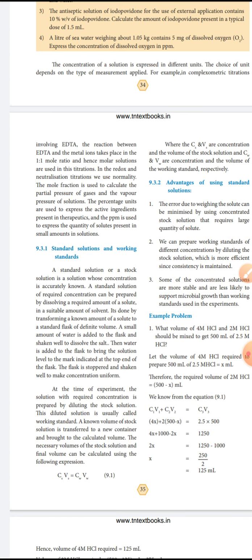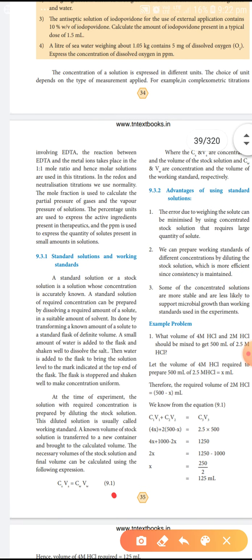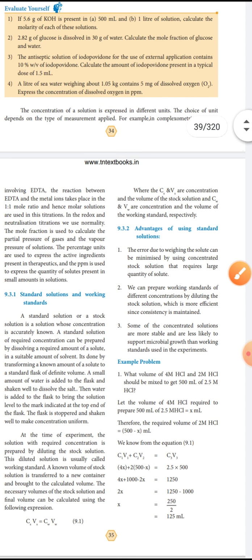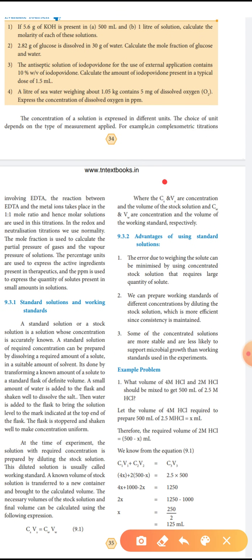The necessary volume of the stock solution and the final volume can be calculated using the formula CsVs equals CwVw. Cs and Vs are the concentration and volume of the stock solution. Cw and Vw are the concentration and volume of the working standard.